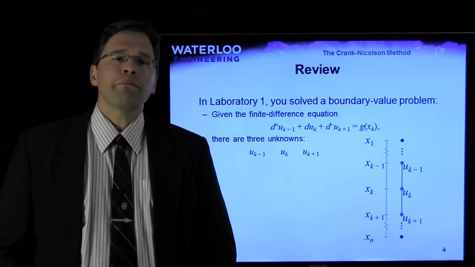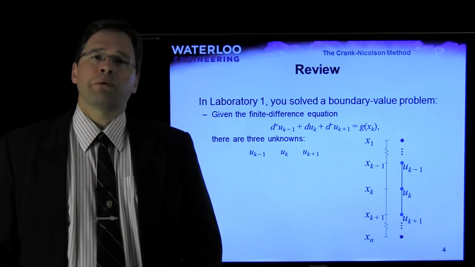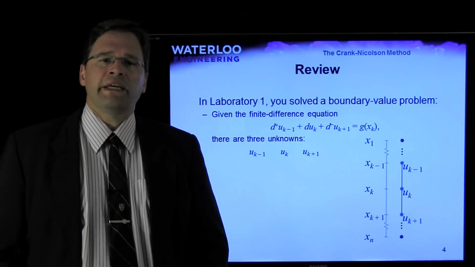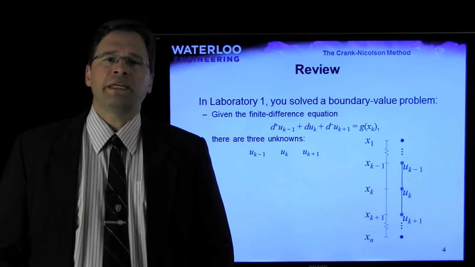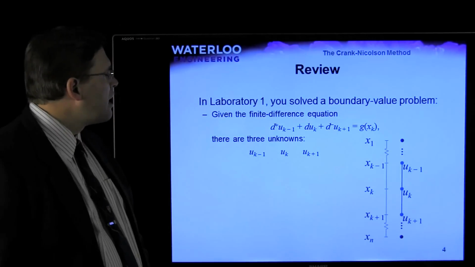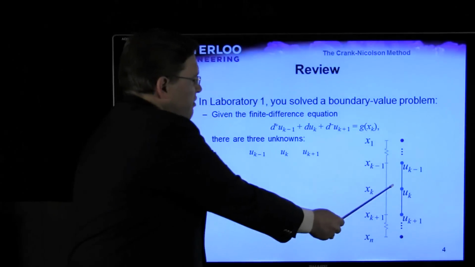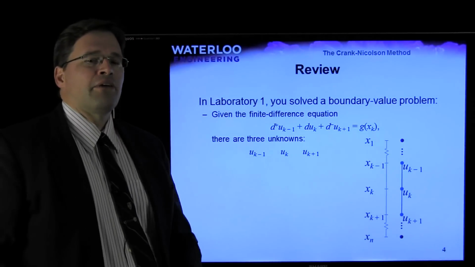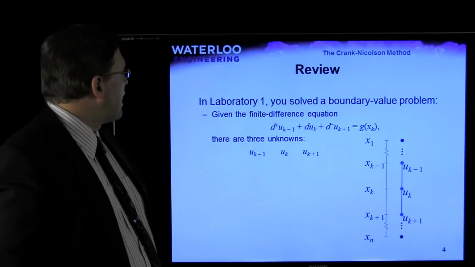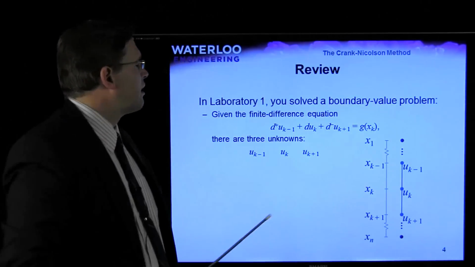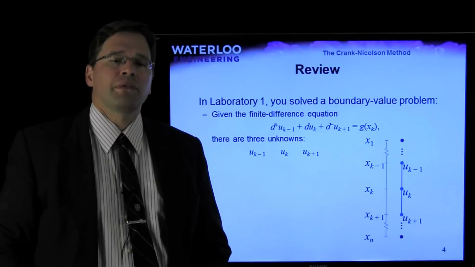Now, as a review, going back to Lab 1, what did we do? We were approximating boundary value problems. We took the linear ODE and we converted the linear ODE into a finite difference equation. By substituting in specific values, we found that we could write down the finite difference equation as a function of three unknowns and a known forcing value.